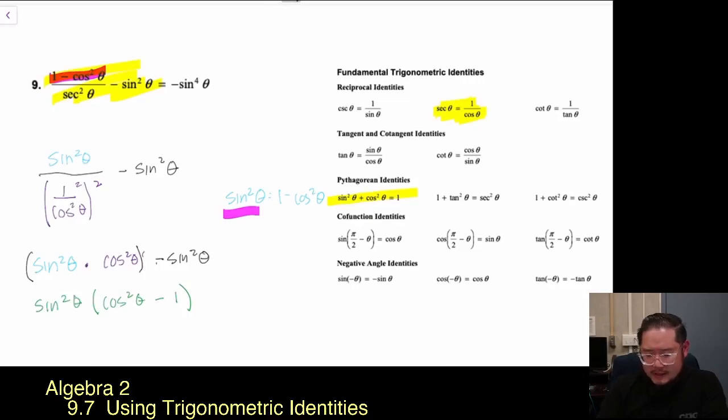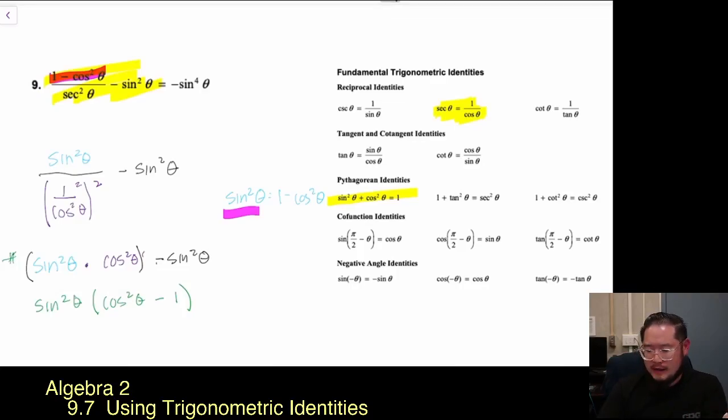Because if I were to take the sine squared theta right there and distribute it out, it will look like what we have up above right here. So we have that down, and let's go to this next stage.